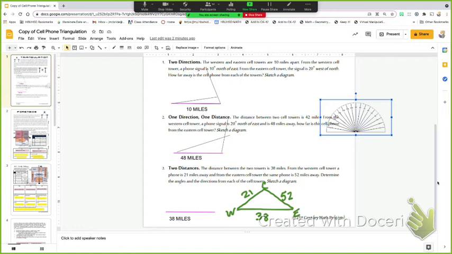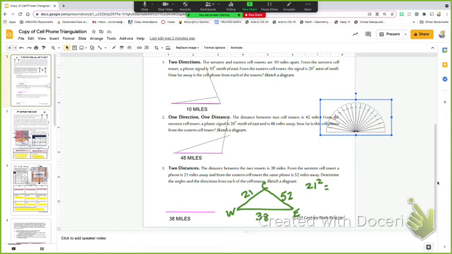So I'll start you off on E. I want to know angle E. It's a side, side, side, so I have to use the law of cosines. Angle E is going to be at the end of my formula, which means E squared is going to be on the left side.